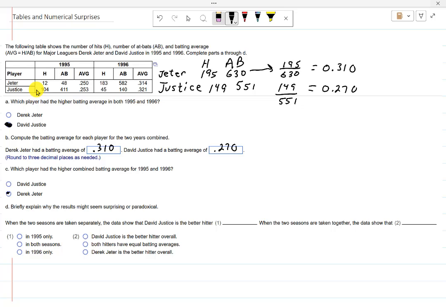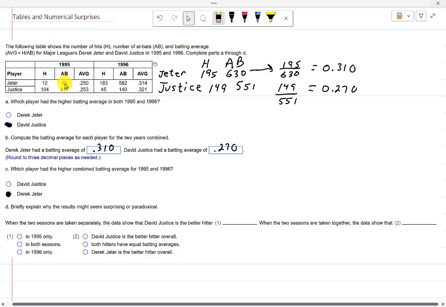So the paradox here was that in both seasons, David Justice did better, but yet overall, Jeter did better. And that all has to do with this over here. The times when Jeter was doing badly, that's a small number of at-bats. His large number of at-bats, he did well.